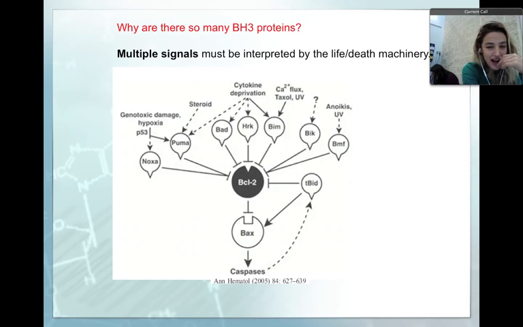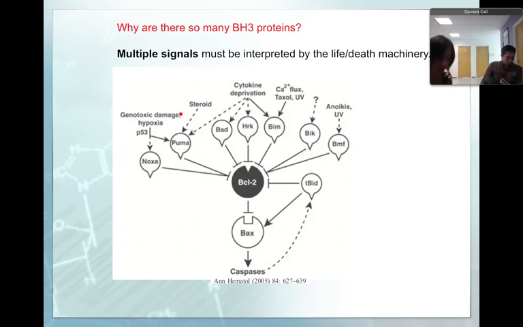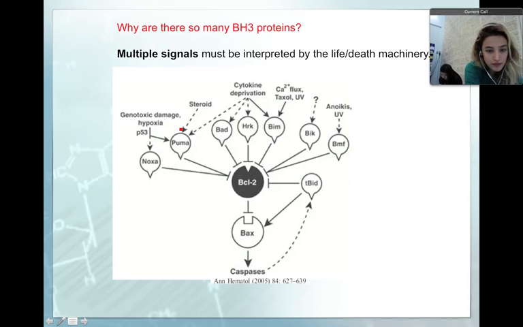Okay, so the issue is that if you're a cell, then you have multiple things that you need to be aware of that may be unrelated physically inside the cell that could trigger death. And so I'll just give you some examples.